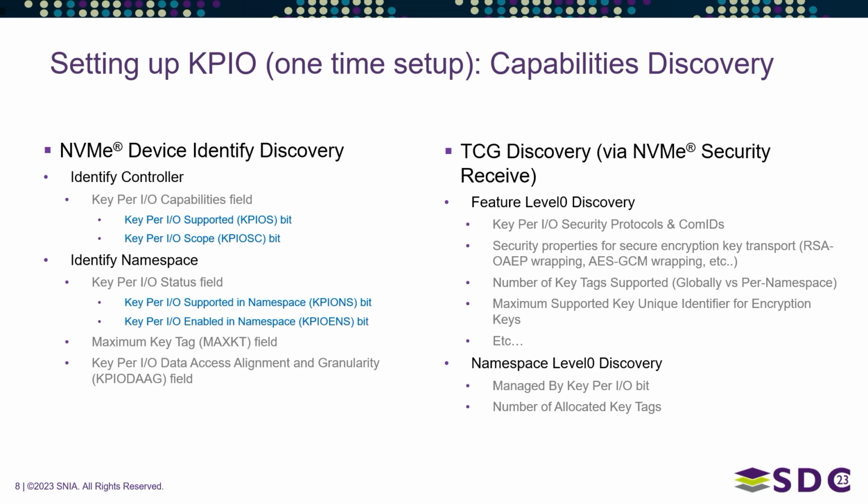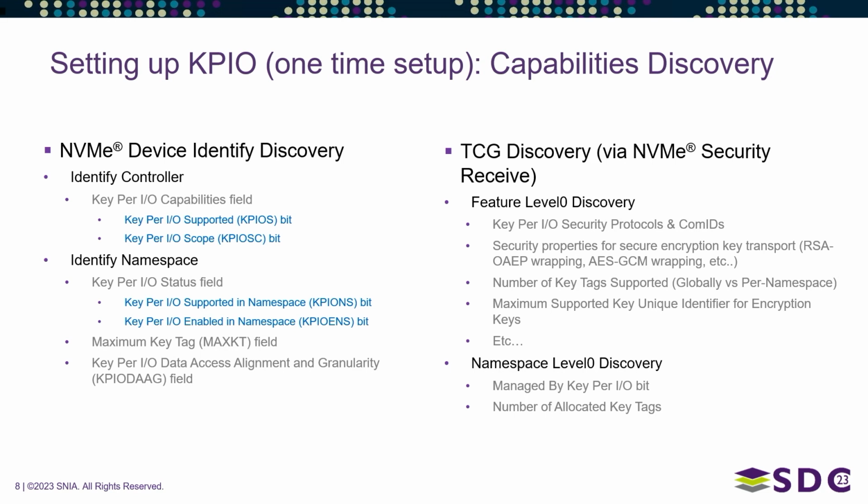So this is typically the first thing that you would check for. Is this a drive that supports it? You also want to find out how big the cache is, and maybe how many namespaces the drive will support.